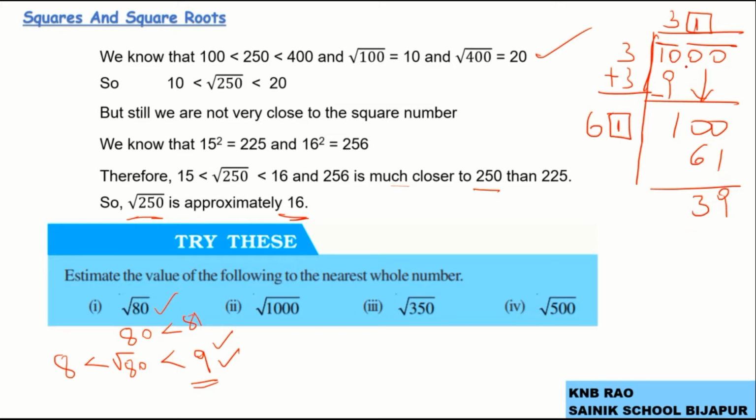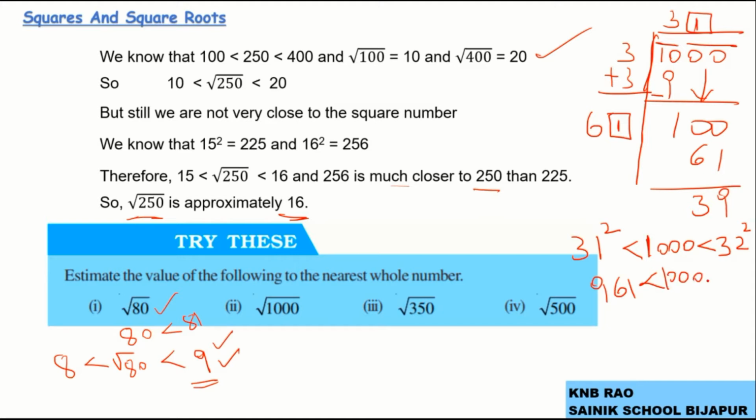Now try to understand. Here 1000 is lying between the square of 31 and the square of 32. What is the square of 31? It is 961.